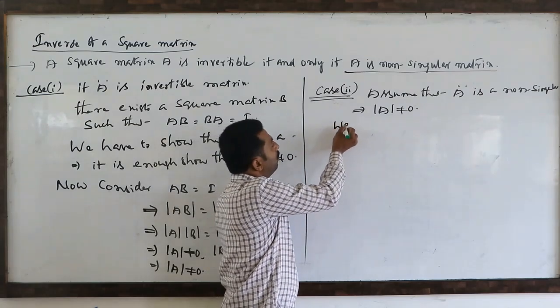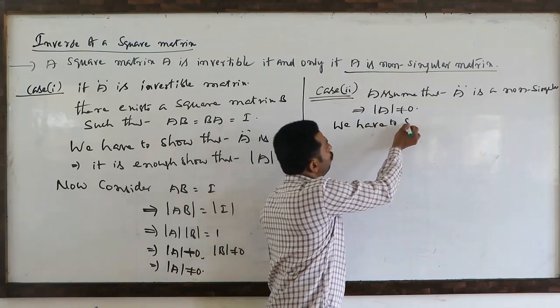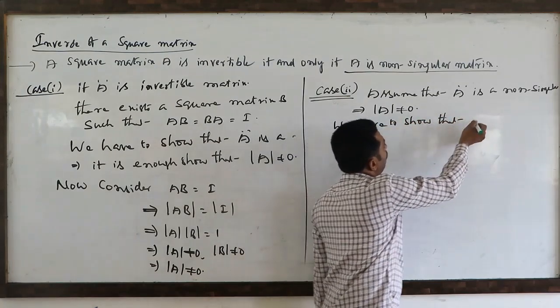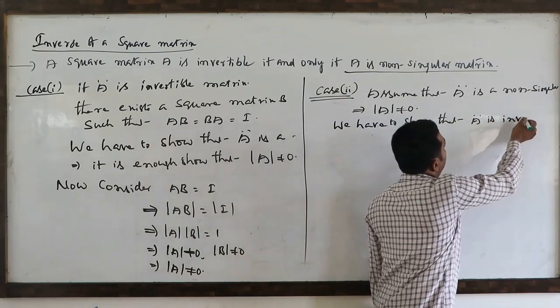Now we have to show that A is invertible.